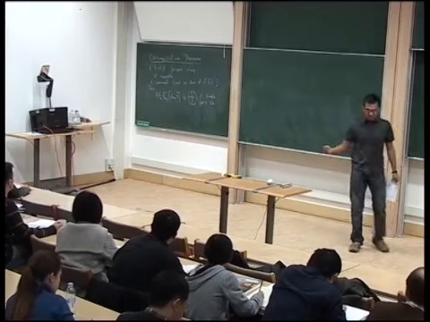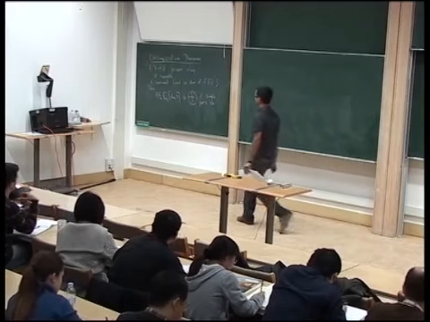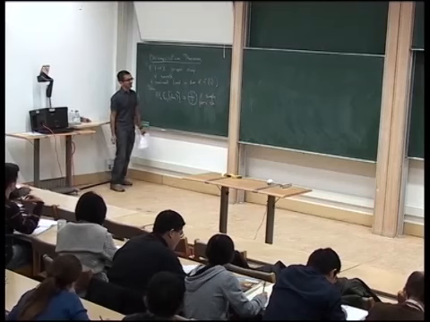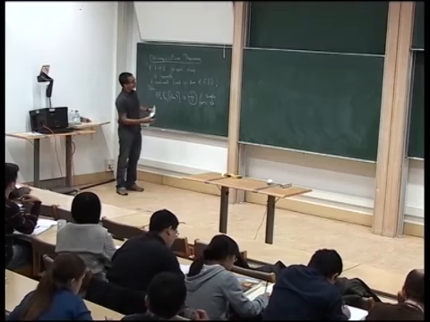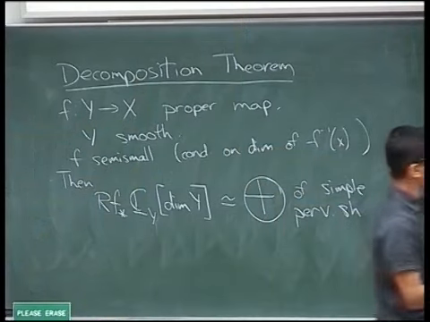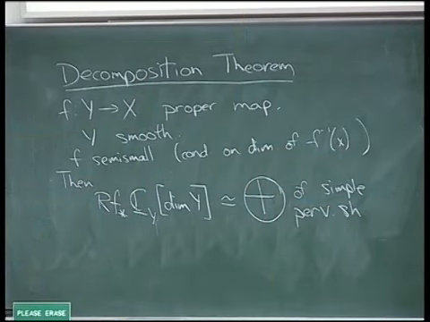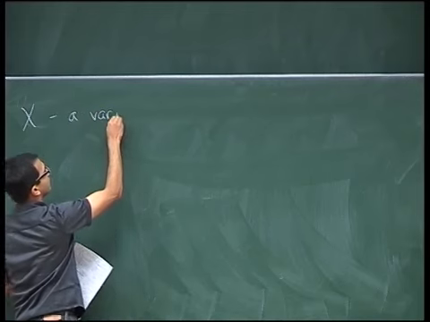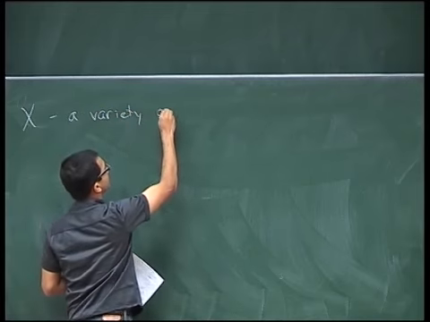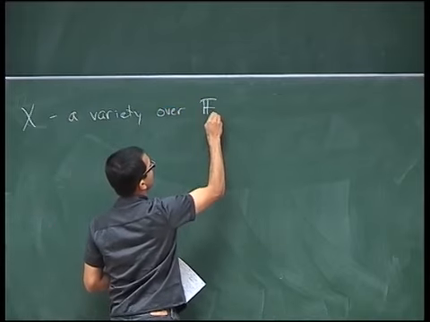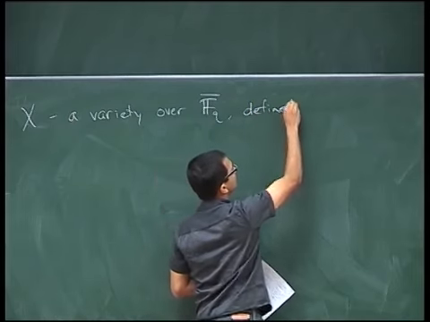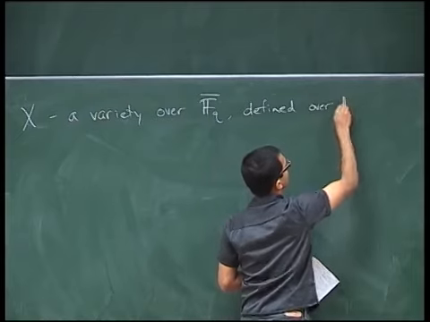So one thing that's a little bit mysterious about this is that the origins of this theorem are in the positive characteristic setting. So I'm going to leave this statement up here, but for most of the talk, I want to work in the following setting. So X is going to be a variety over the algebraic closure of a finite field, but defined over F_q.